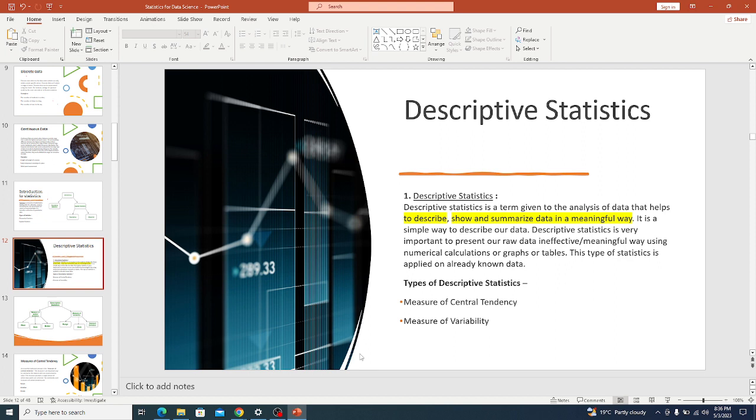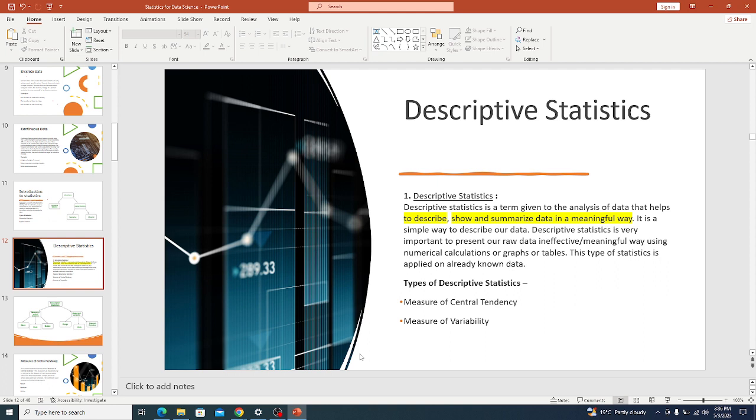Now let's go to the mode. What is mode? Student: The most frequent number, I guess. The most frequent number in our data.